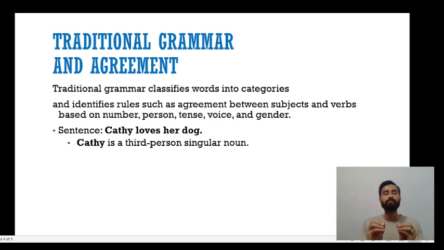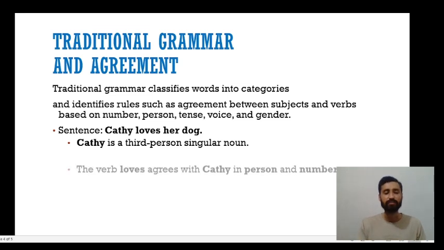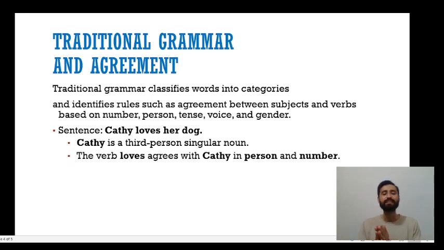When it comes to subject-verb agreement, Kathy here is the subject and the verb is loves. The verb loves agrees with Kathy in person and in number. If the subject is singular, we have to add s or es with the first form of the verb. So here both of them are in agreement with each other.